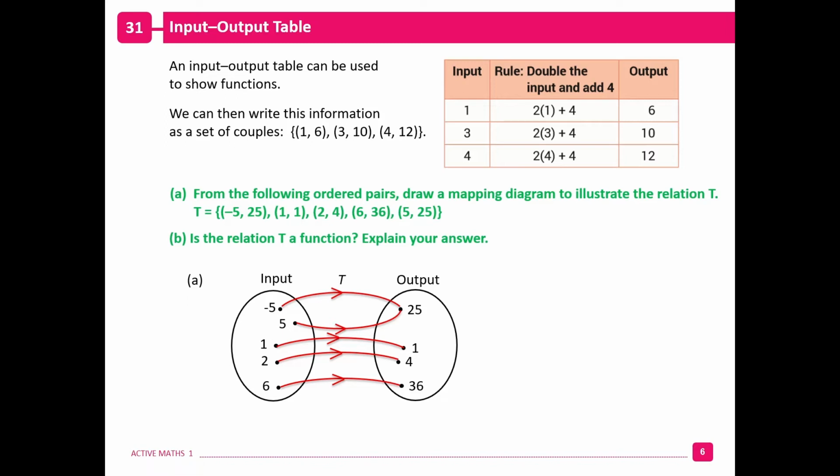Does every input have a unique output? Now you can notice that 1 maps to 1, 2 to 4, 6 to 36, they look okay. Interestingly, we can see that both -5 and +5 have the output 25. So this is an example of many, more than one, going to 1.